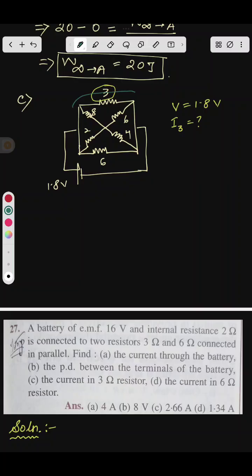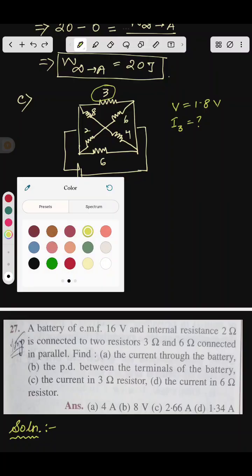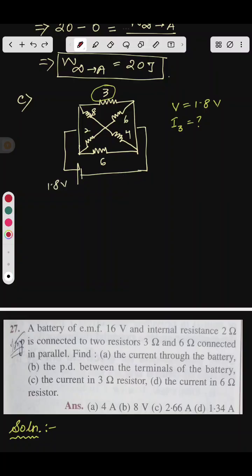This part of the circuit, that is the 3 ohm resistance where it is sitting, this part is entirely in parallel with the remaining part of the circuit.